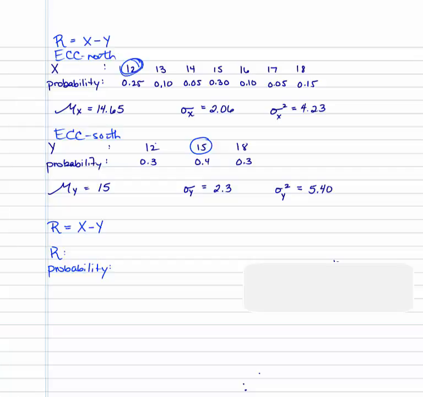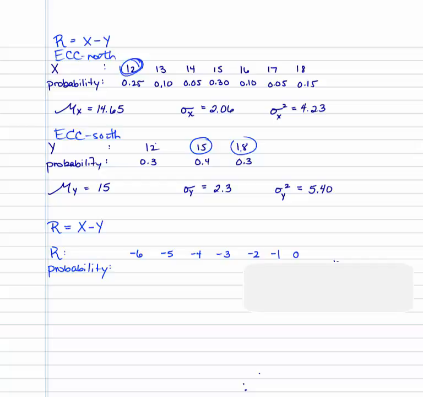Okay, 12 take away 18 will actually make negative 6. And I think that might be the smallest number that we're going to be starting with. Negative 6 is 12 take away 18. 13 take away 18 would be negative 5. Negative 4, negative 3, negative 2, negative 1.